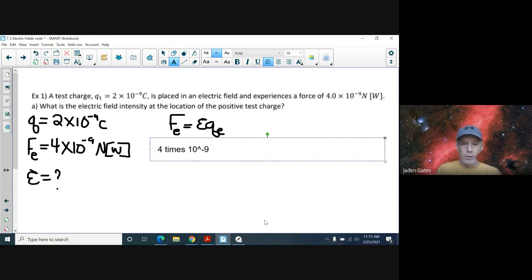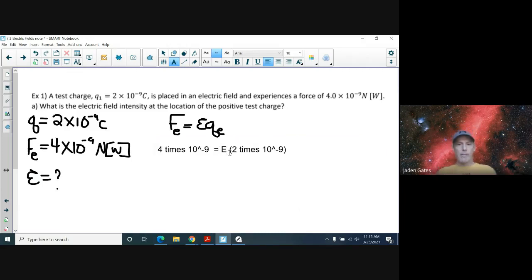Epsilon, let's go with an E, I guess. Epsilon, and my charge is 2 times 10 to the power of negative 9. So here's what I'm going to do. I want to get epsilon by itself.